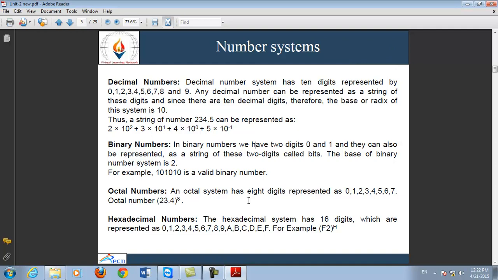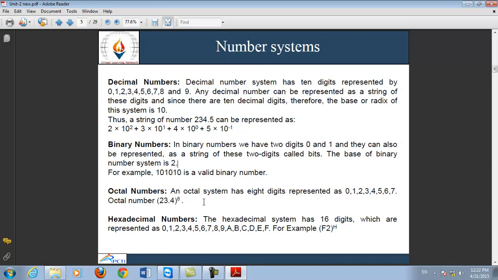In the binary number system, you have a total of 2 digits, that is 0 and 1. Any number formed by a combination of 0 and 1, which has base 2, is known as the binary number system.